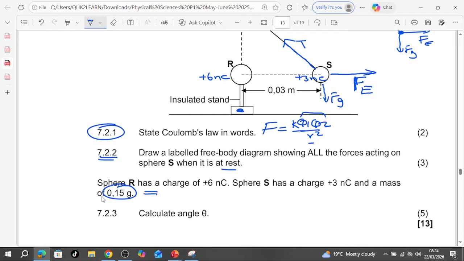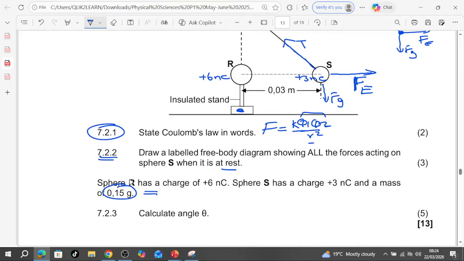I'm just going to convert that to save myself from forgetting to convert the mass. The mass should always be in kg, right? The mass should be in kg.